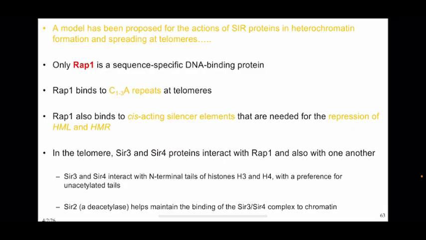So when these two are in position with RAP1, cell2 is recruited to further remove acetyl groups that are nearby, and this is going to promote the binding of cell3 and cell4, and spread the heterochromatin formation.